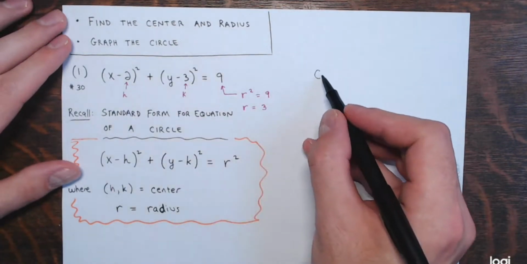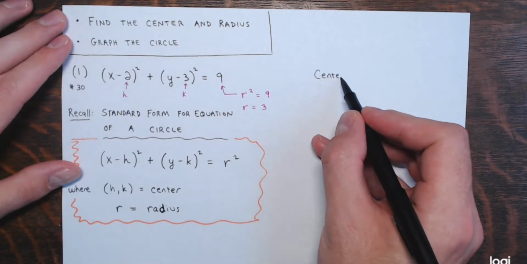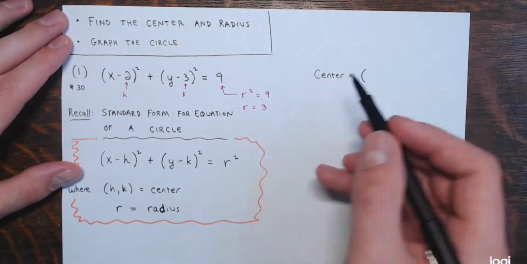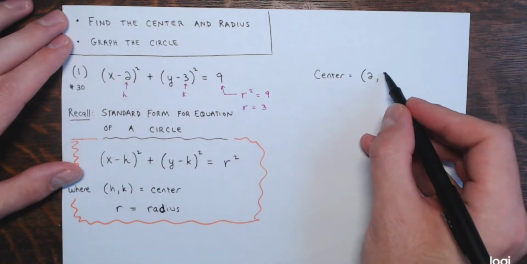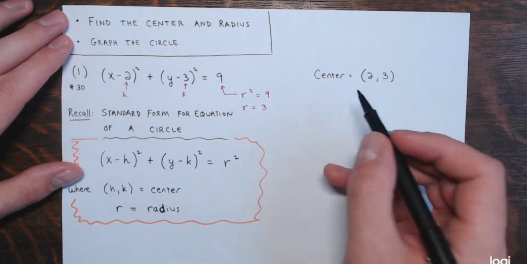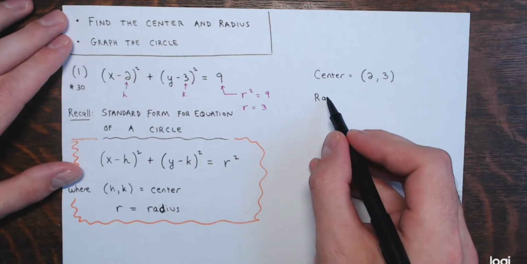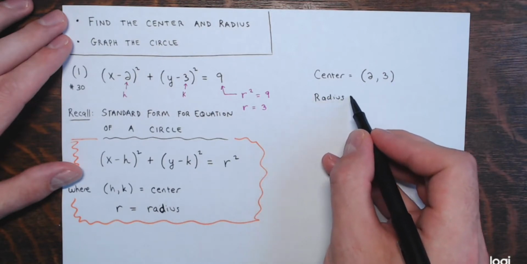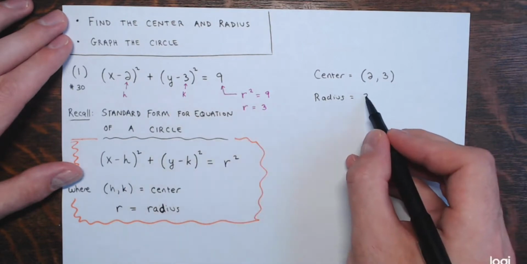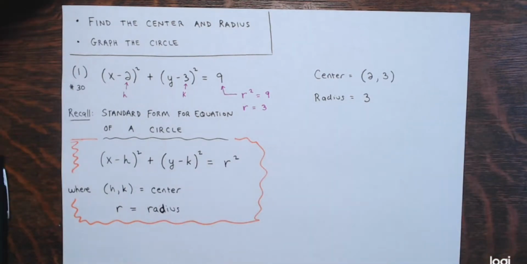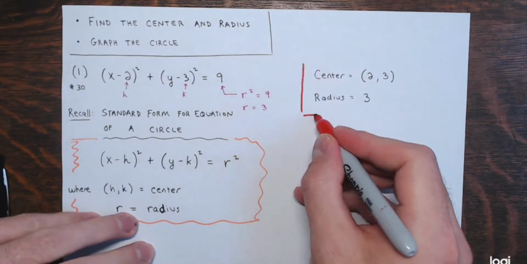The center of this circle would be the point 2, 3, 2 for the x coordinate, 3 for the y coordinate, and the radius is 3 units, the square root of this 9. So that's part 1 of what they're asking us to do. Put that in a box here.